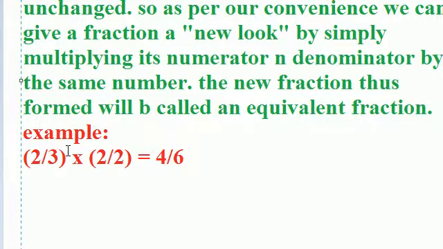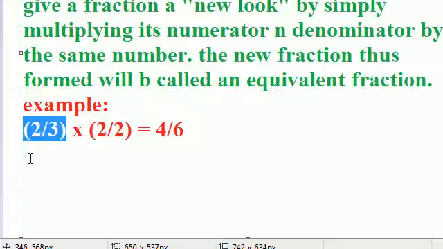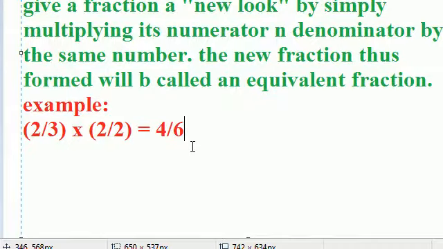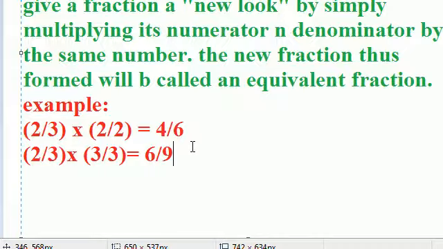Now let's take another example. Again we are taking 2 by 3. Now let's multiply it by, say, 3 by 3. So what we get is 2 multiplied by 3 is 6 in the numerator and 3 multiplied by 3 is 9 in the denominator.